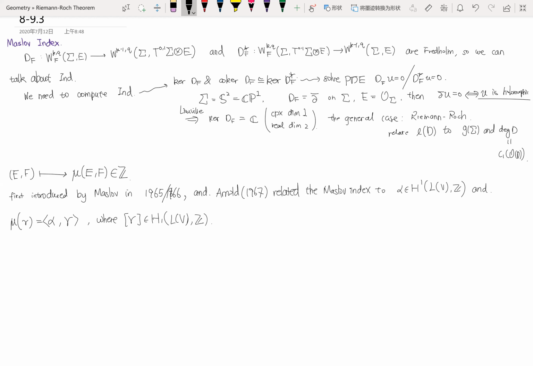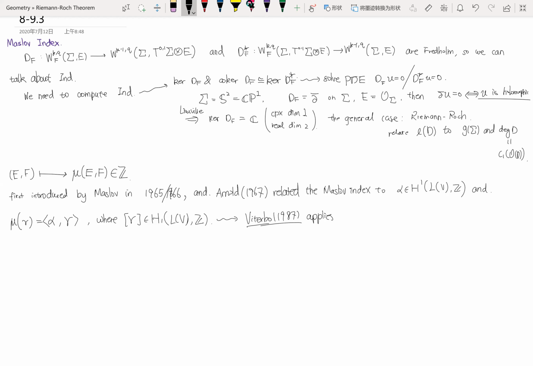Once he relates this, then Viterbo in 1987 applies the Maslov index to Lagrangian intersections. It is a French paper, and I forgot the exact time, but yes, 1987.